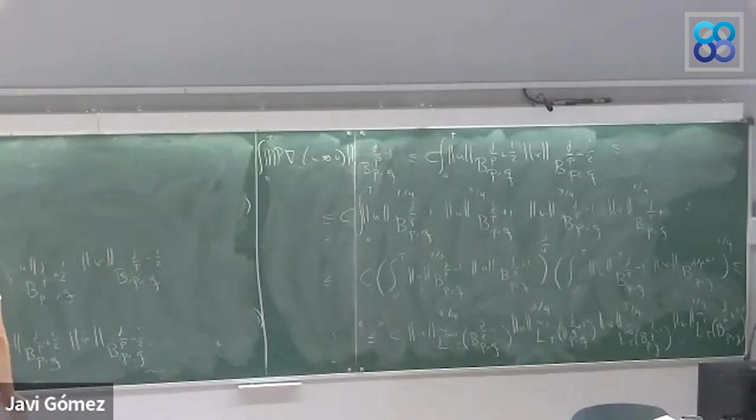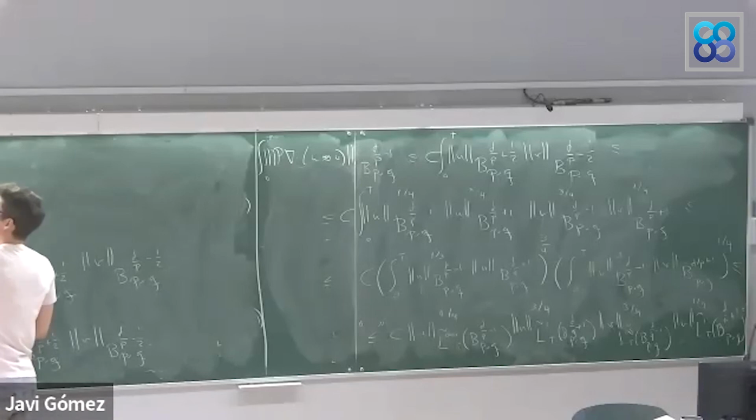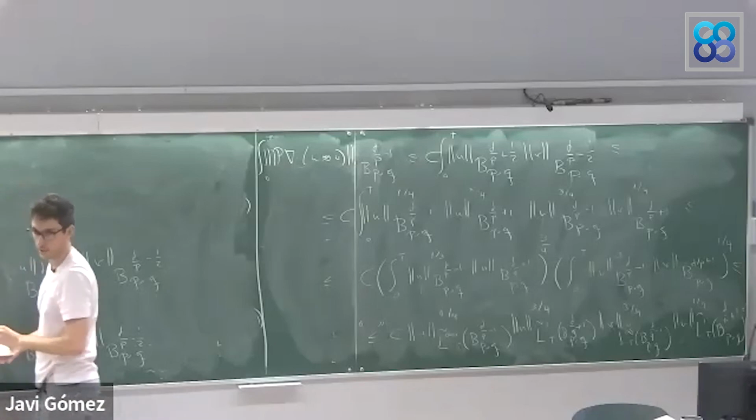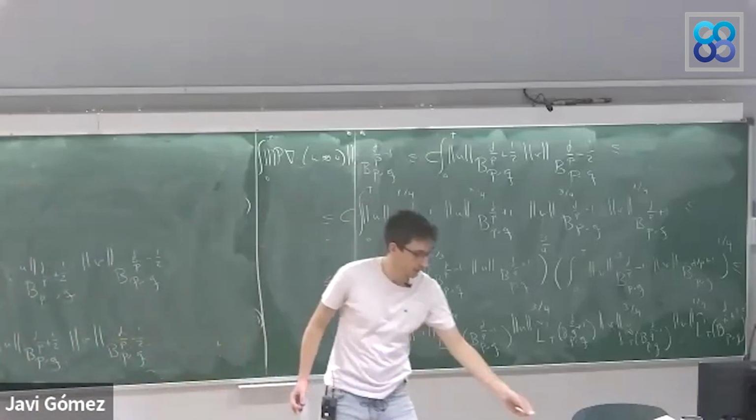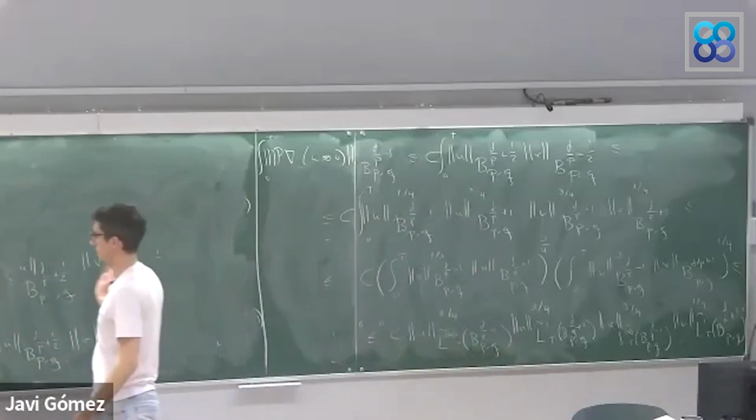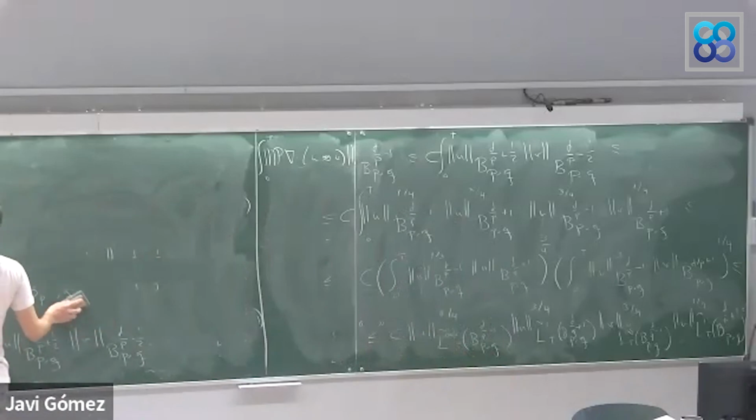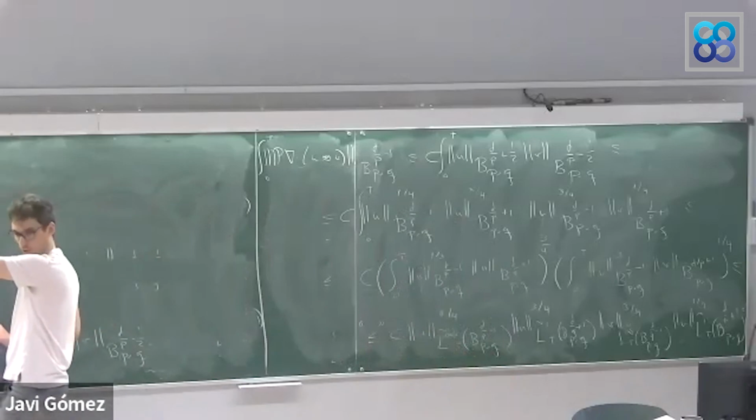So the proposition would be, well, I didn't mention, in the previous proposition, in the conditions I wrote strictly smaller than infinity. So before I forget, just to say that for p equal to infinity, the theorem is not true.